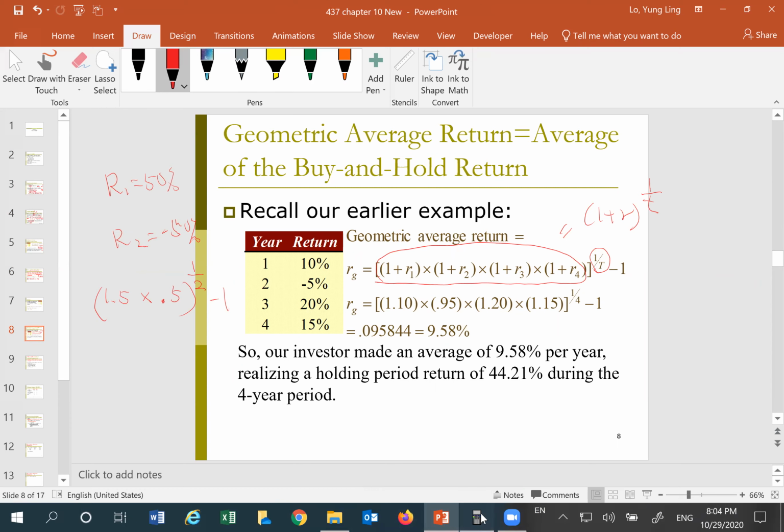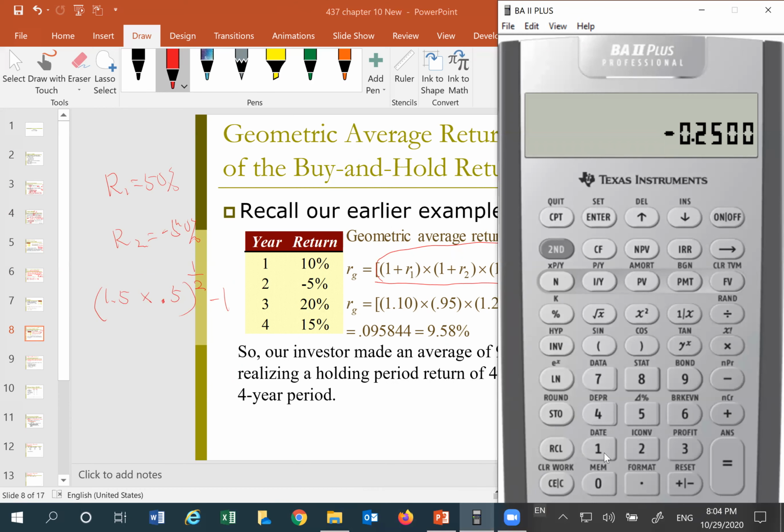So let's try with the calculator. 1.5 times 0.5 equals, now I want to take power of 1 over 2, or we can say take power of 2 inverse. To take power of anything, we use the y to the x key. And if we want to use 1 over 2, that's the same as 2 inverse.